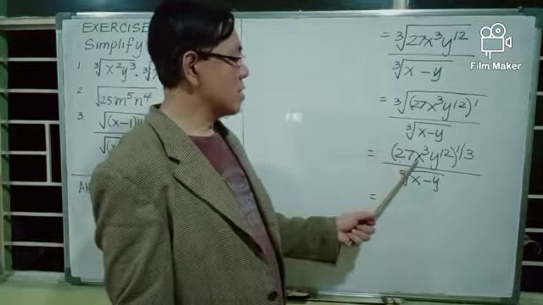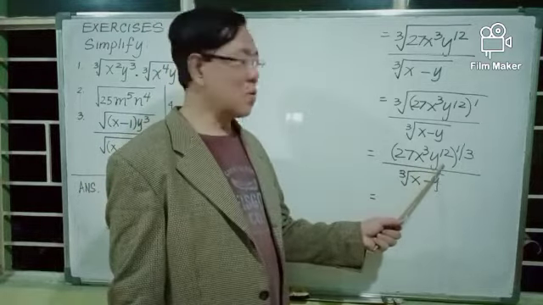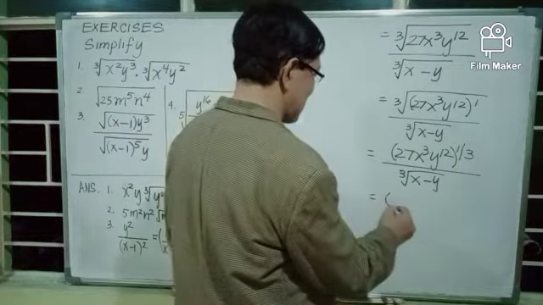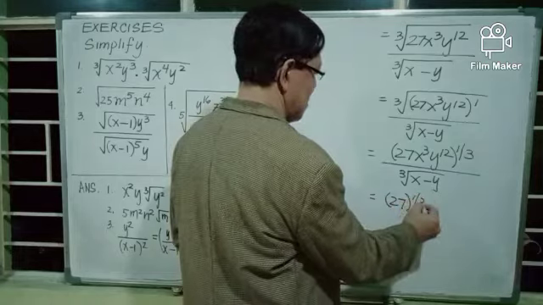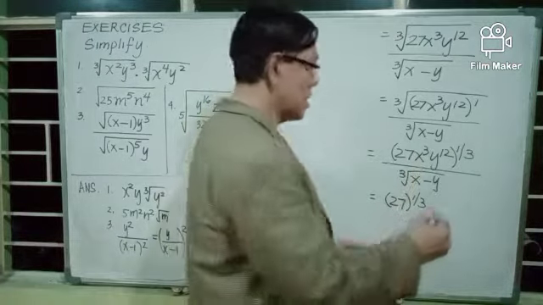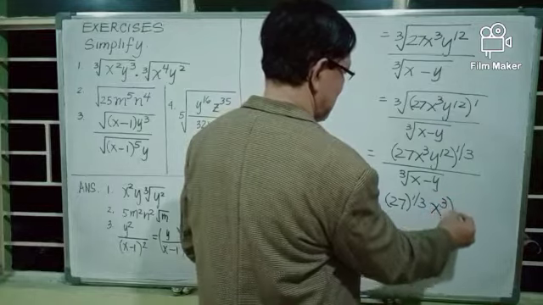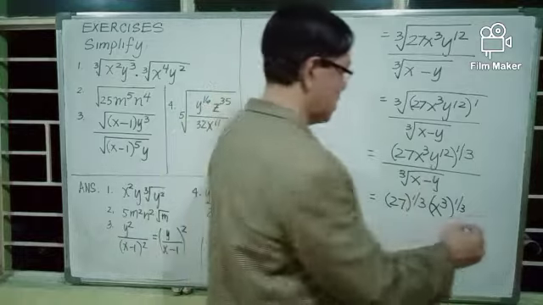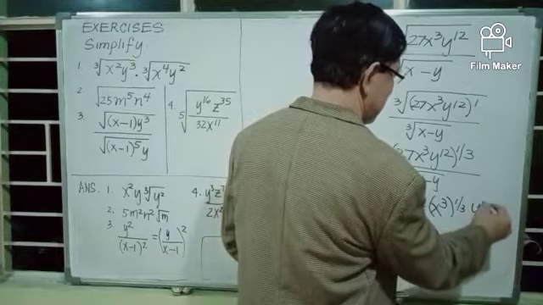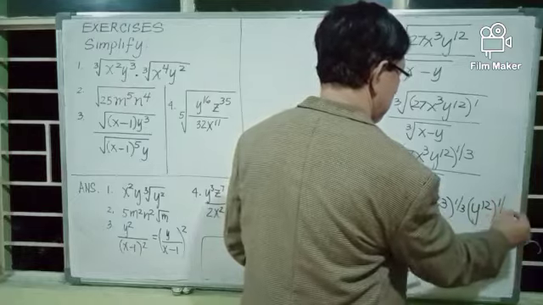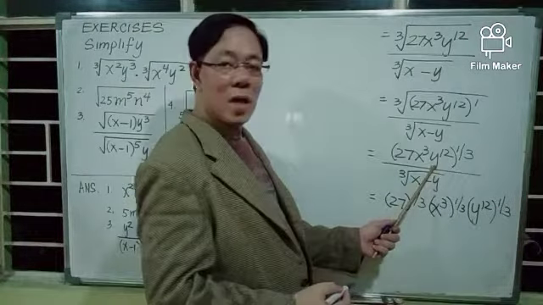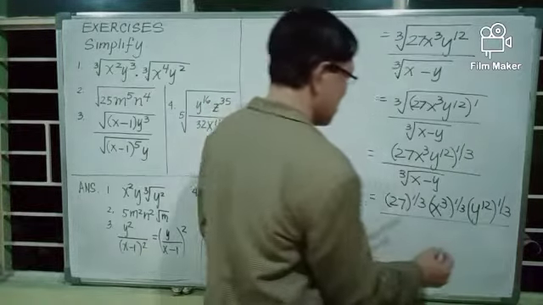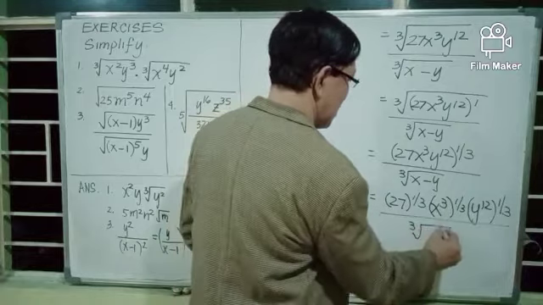Hence, 27 times x cubed times y raised to 12, all raised to 1/3, is equal to 27 raised to 1/3, multiplied by x cubed raised to 1/3, multiplied by y raised to 12 raised to 1/3, all over the cube root of x minus y.